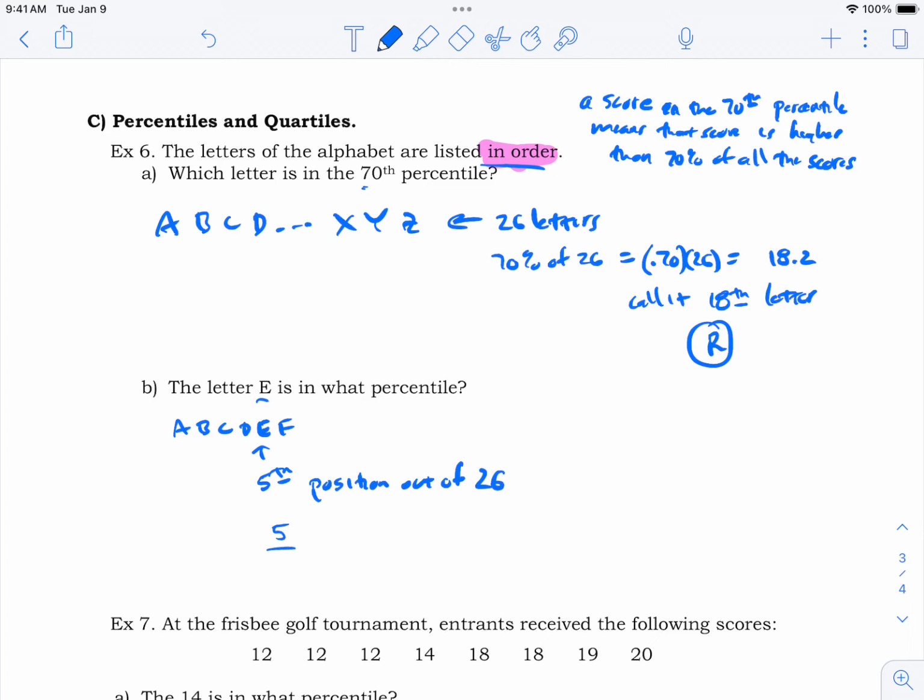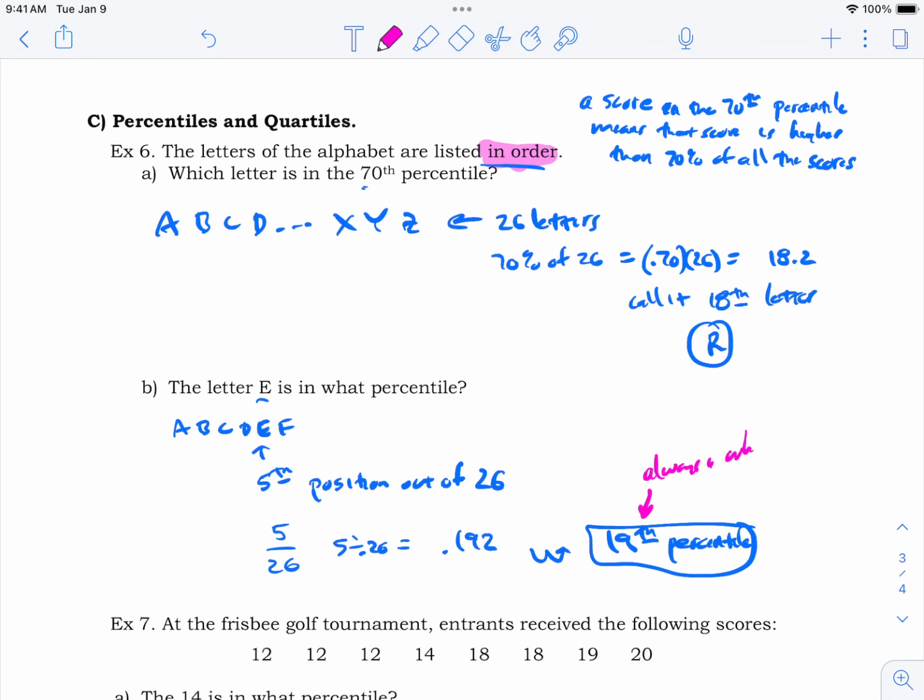So fraction-wise, it's in the 5th position out of 26. So you do 5 divided by 26 to get a decimal. It comes out to 0.192. That's the 19.2th percentile, but we always do whole numbers for percentiles. 19th percentile, just about. So let's make a point of that, right?